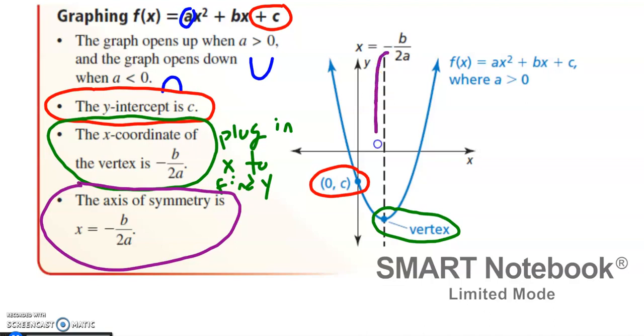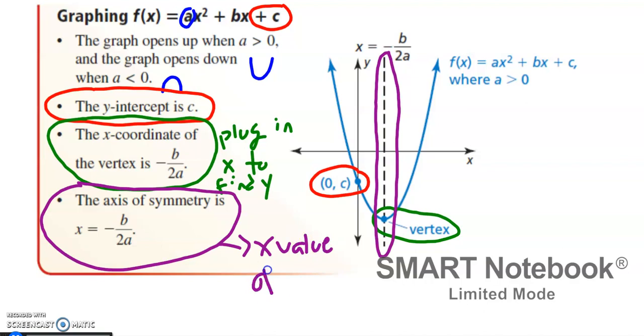This is going to be your axis of symmetry right here, this dashed line, because a parabola is symmetrical. So we can create the axis of symmetry. Notice it's a vertical line going only through the x-axis. Okay, so the axis of symmetry is the x value of the vertex. Let me jot that down.